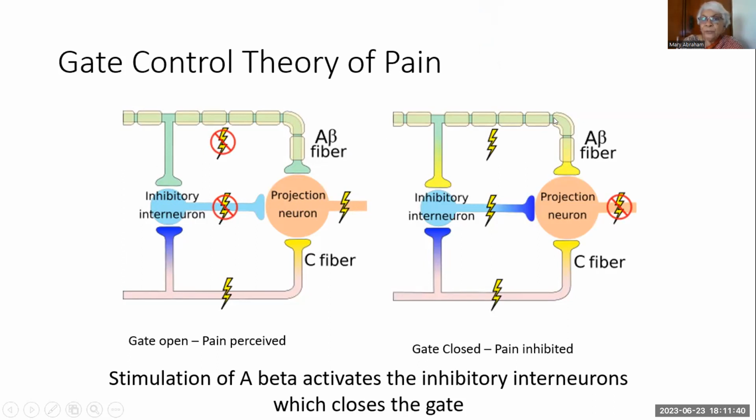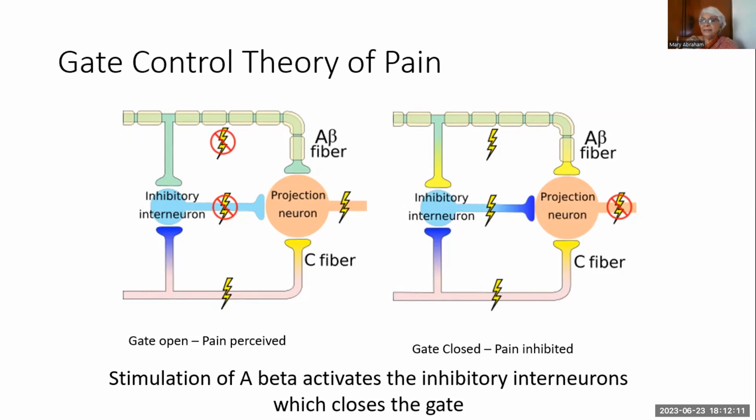When you stimulate the A beta fibers, it stimulates this inhibitory neuron, which then inhibits the projection neuron, so that this is blocked and this is the one that is going forward. So stimulation of A beta will activate the inhibitory interneurons in the spinal cord, blocking the C fibers from going upwards. So this is the mechanism of the gate control path.